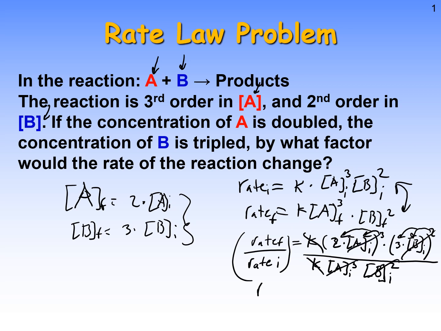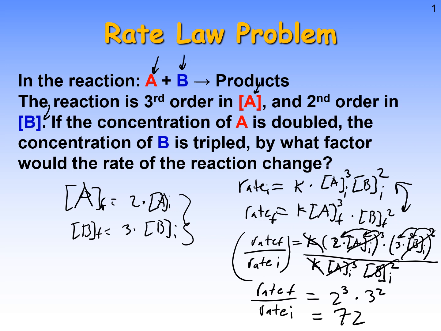And what I'm left with is that rate final divided by rate initial is equal to 2 cubed times 3 squared. I can solve for this value. And basically my factor that this changed by is 72. And so that's my answer here to this type of problem.